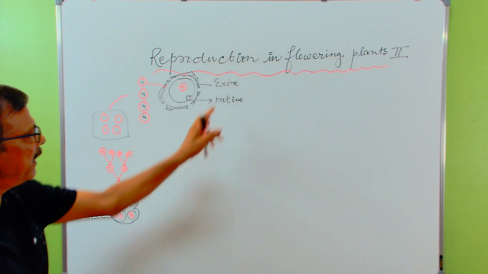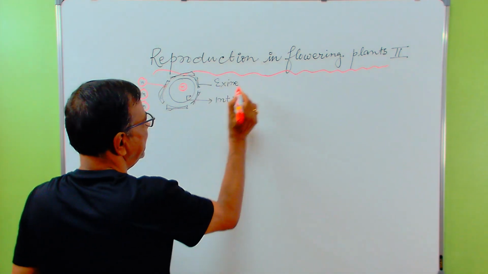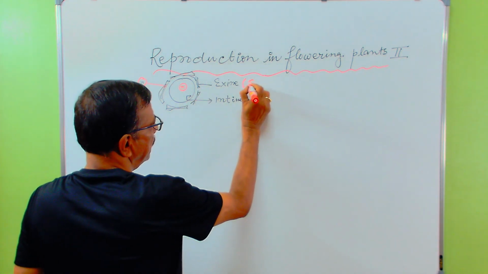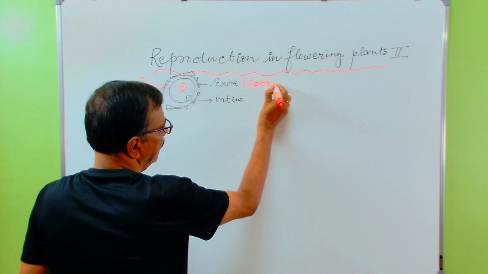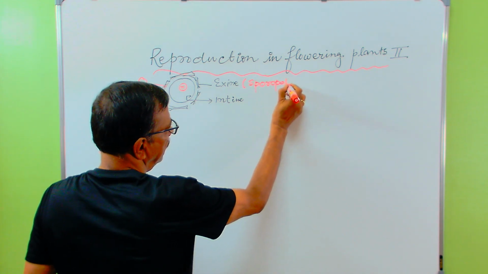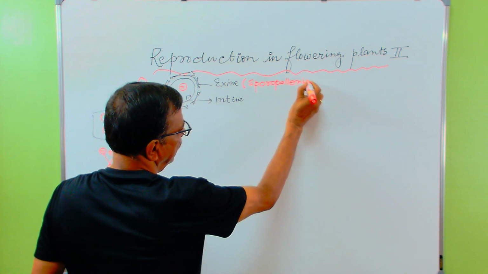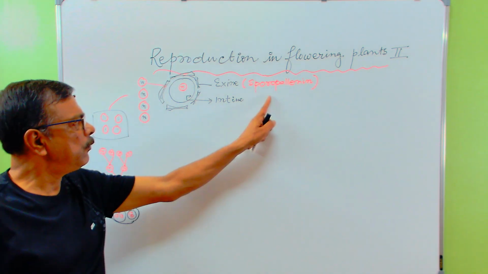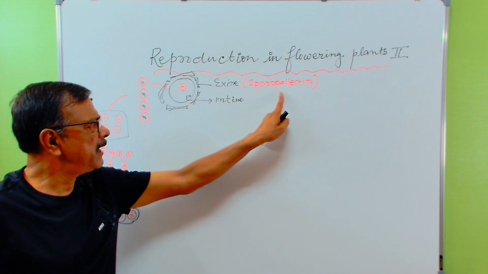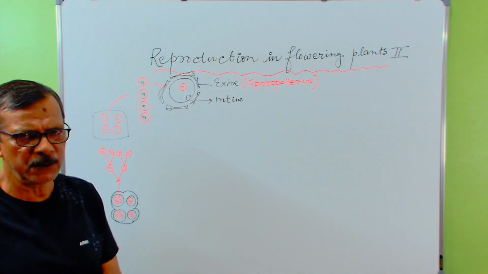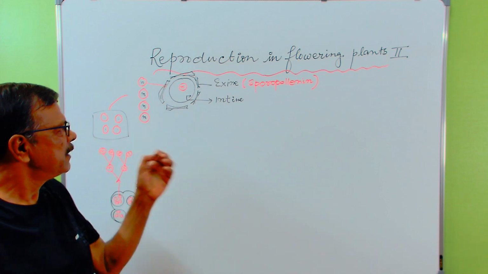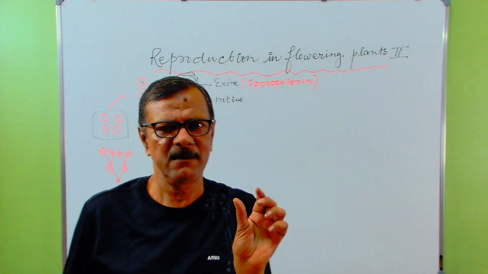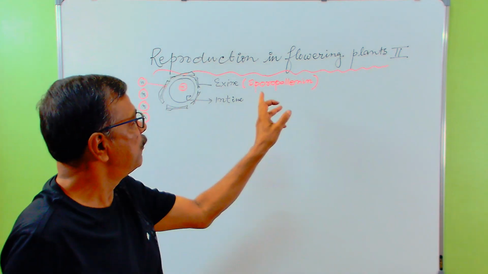The exine is thick and hard. It contains sporopollenin. Very important terminology, it usually comes in short questions. This is actually the most resistant biological compound known.